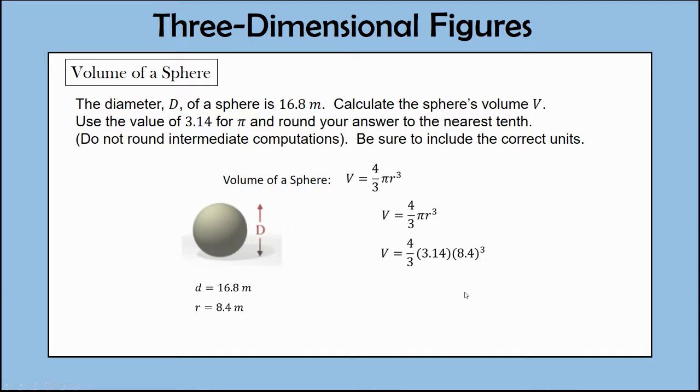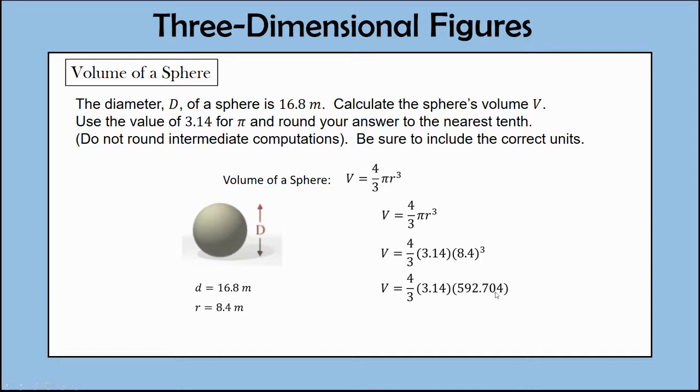What does that mean? Well, for example, if I was to cube this 8.4, I'm going to get 592.704. What this means is don't round this to the tenth. Leave every bit of this number. Finish your calculations, because you got a calculator doing it, and then round at the end. So you only round once, and that's the end.